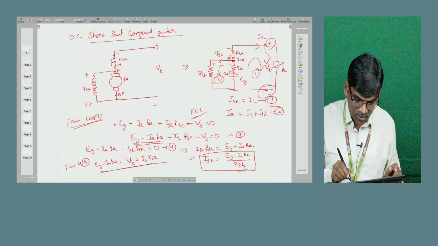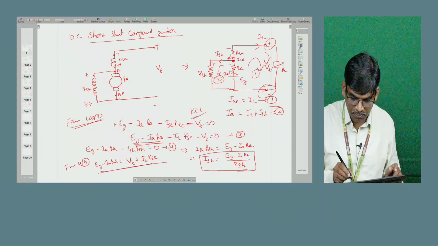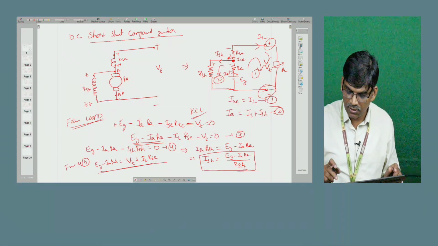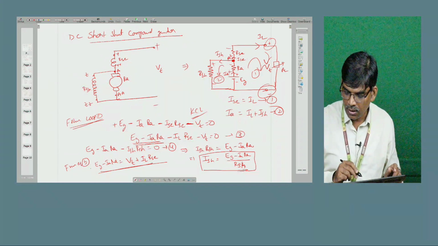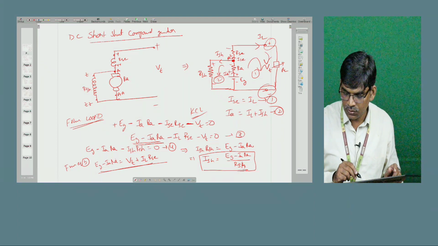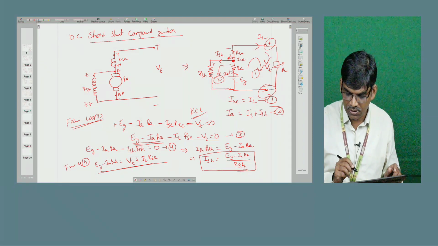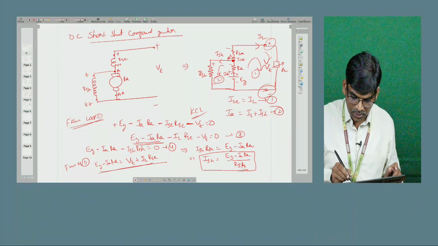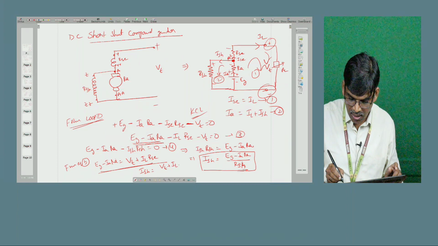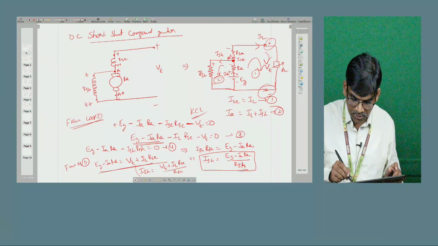So these two are the same: EZ minus IA RA is equal to Vt plus IL RSC. Since only the terminal voltage is known and you don't know the induced voltage, we prefer this equation. We can write ISH is equal to Vt plus IL RSC by RSH. This is the formula.